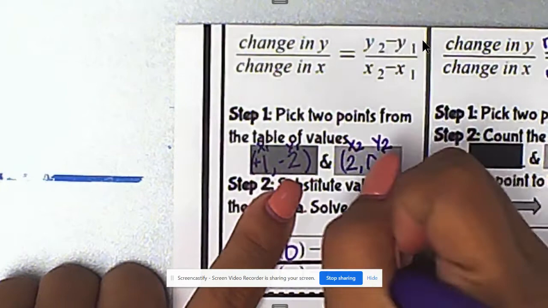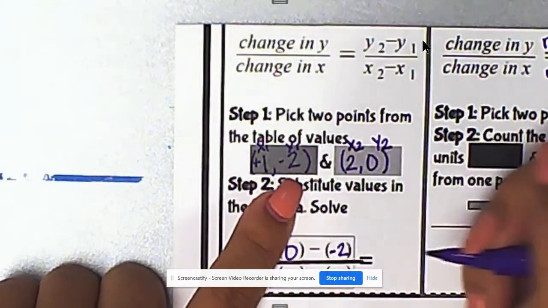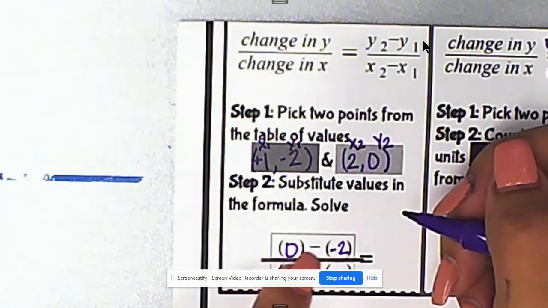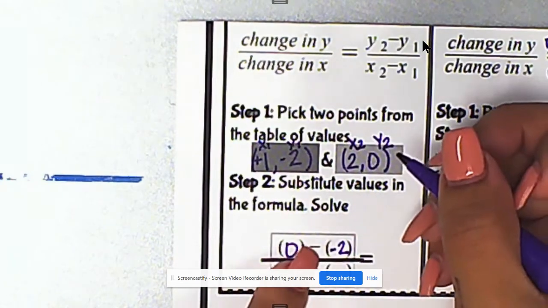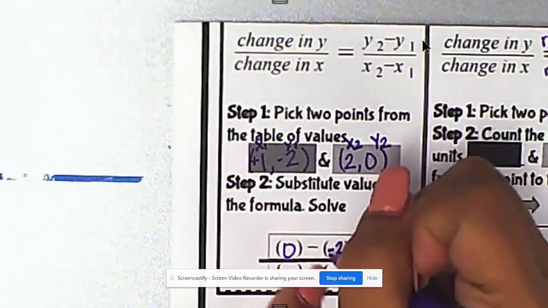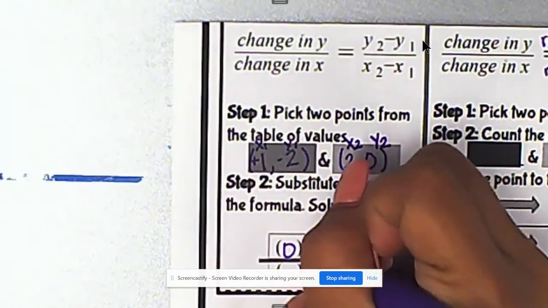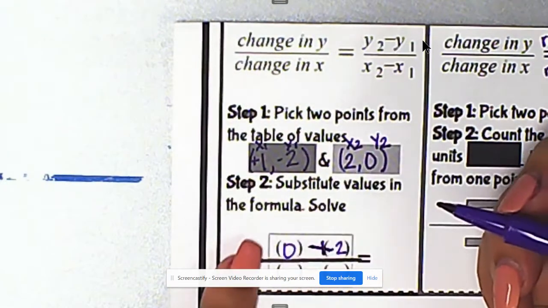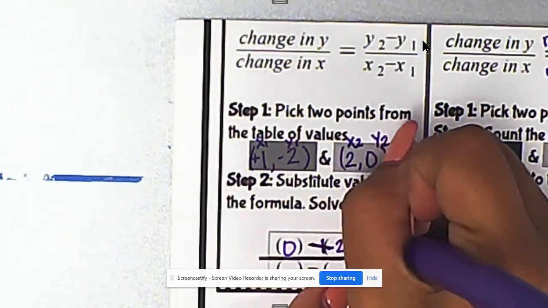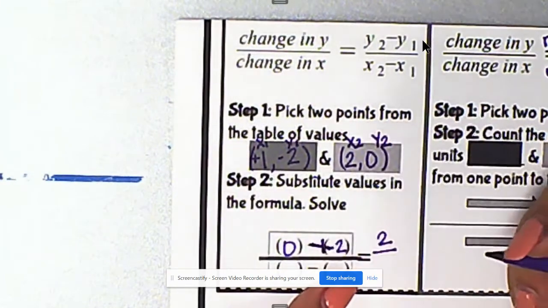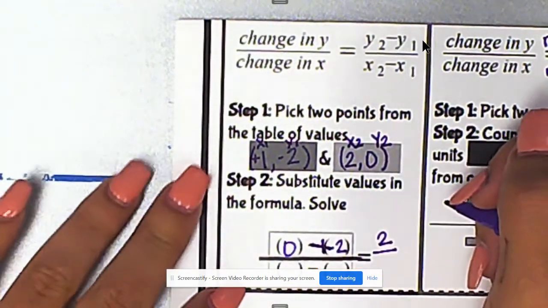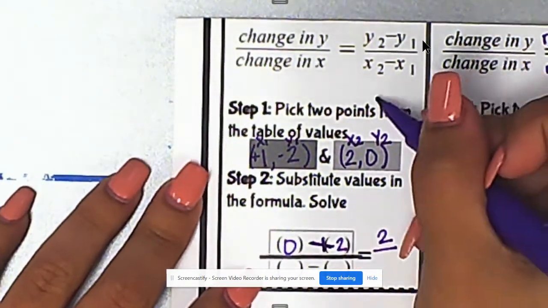It's a -2. Okay, so it's a minus -2. And what happens when I have a double negative, it becomes a positive. So 0 plus 2 is 2. Okay, let's look at our x's now because it says x2.